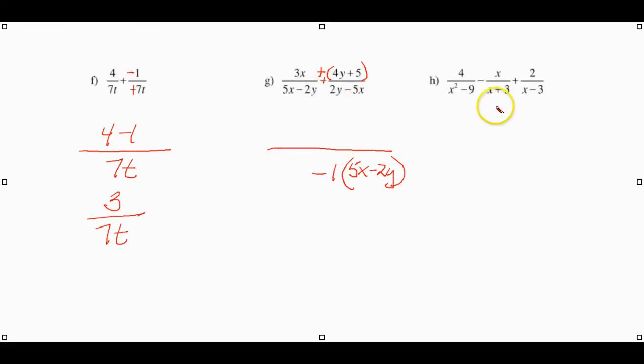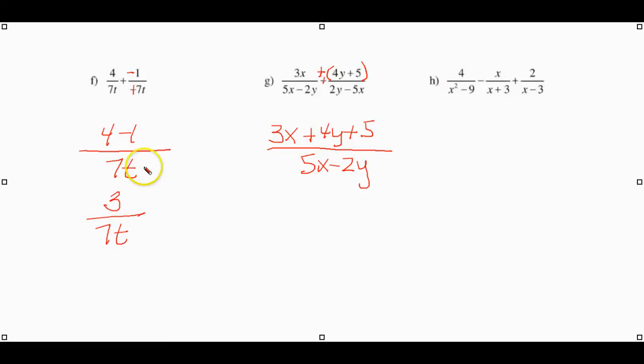It becomes this. So our lowest common denominator, I'm going to erase this one now, is 5x minus 2y. The 3x stays there. And now when I move the negative sign up there, and then I had the negative down below, this became a plus. So this now is 4y plus 5. And that's the answer to letter G. So these are just maybe a few shortcuts as we look at this type of example.